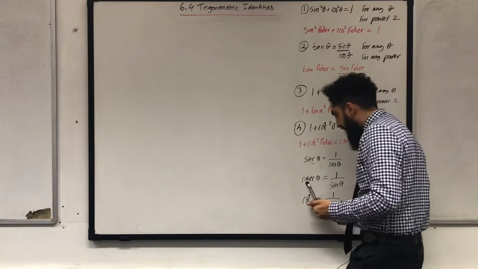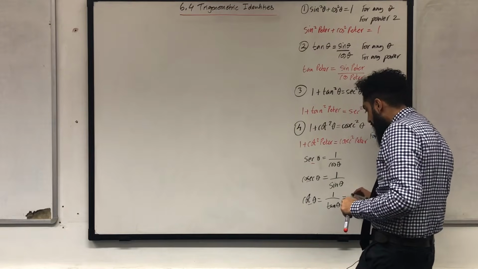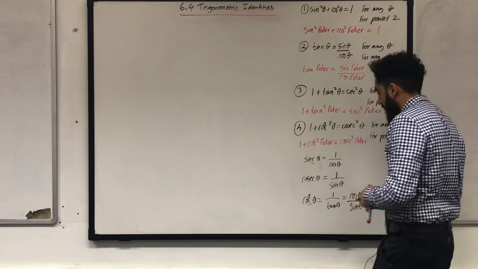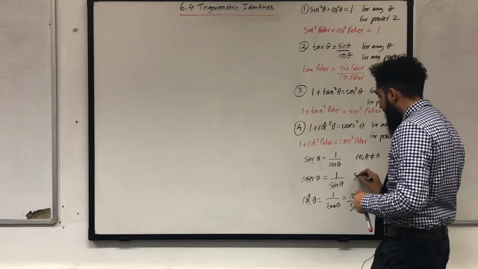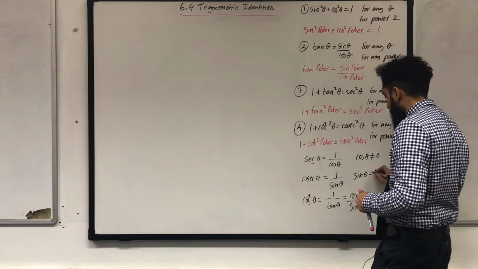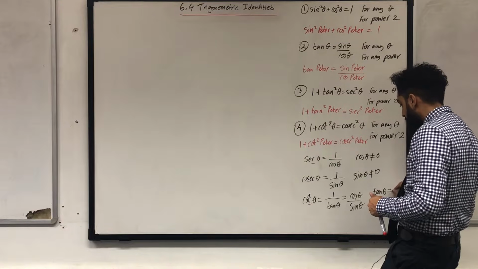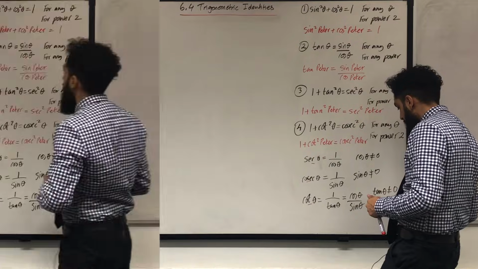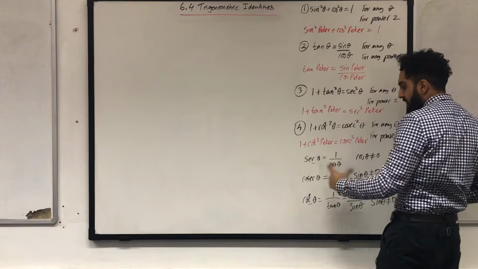The third letter is T. Now 1 over tan theta is equivalent to cos theta over sine theta. Over here cos theta not equal to 0. Here, sine theta not equal to 0. Over here, tan theta not equal to 0, and sine theta not equal to 0. So we've got our identities here: sec theta, cosec theta, cot theta.